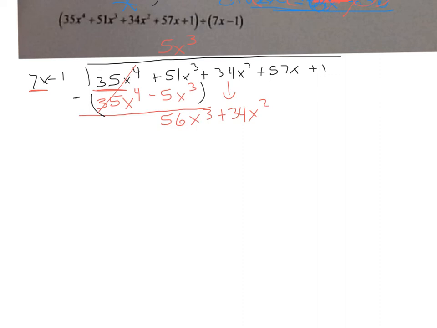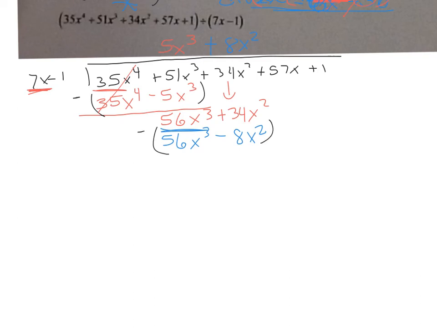All right, so what number can I multiply 7x by so that I get 56x to the third? That would be 8x squared. So now I have positive 8x squared. All right, multiply down. So I have 8x squared times negative 1 is negative 8x squared. And then I have 8x squared times 7x is 56x to the third.